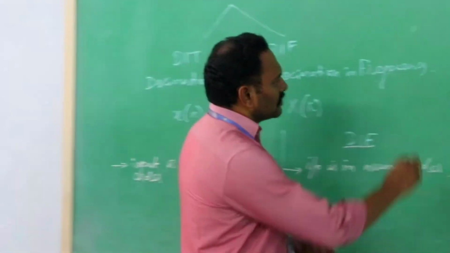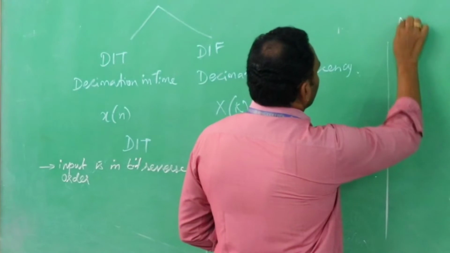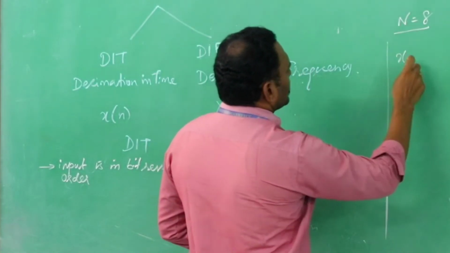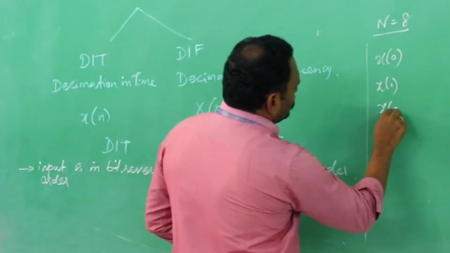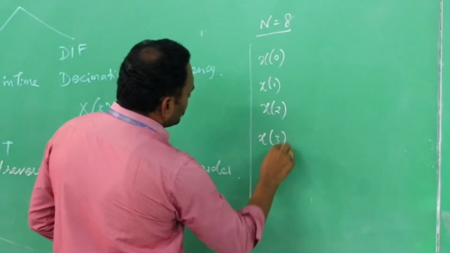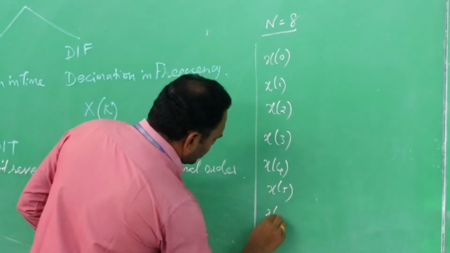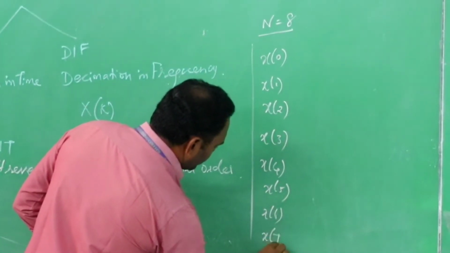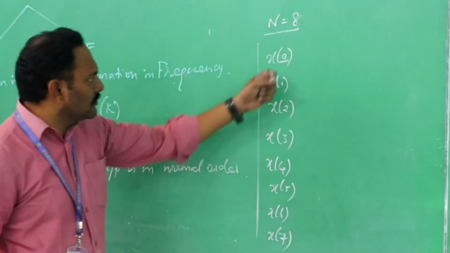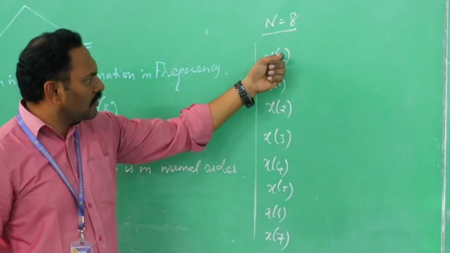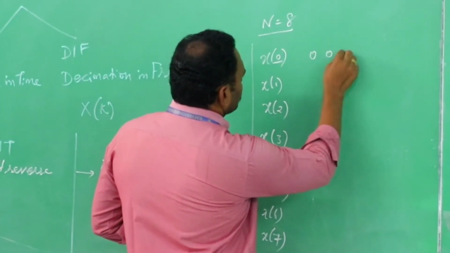We have to take the values, that is x of 0. Suppose we are considering N equal to 8, then the input might be x of 0, x of 1, x of 2, x of 3, x of 4, x of 5, x of 6 and x of 7. So now let us consider the value 0. We write the value 0 in binary, then we get 0 0 0.